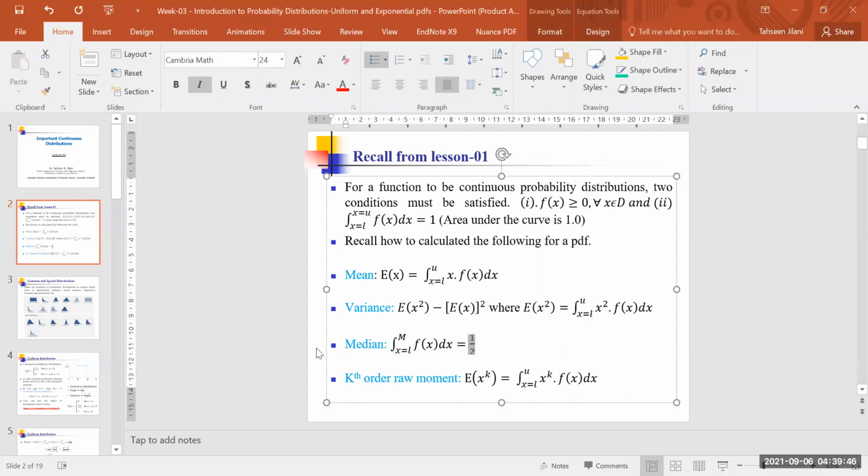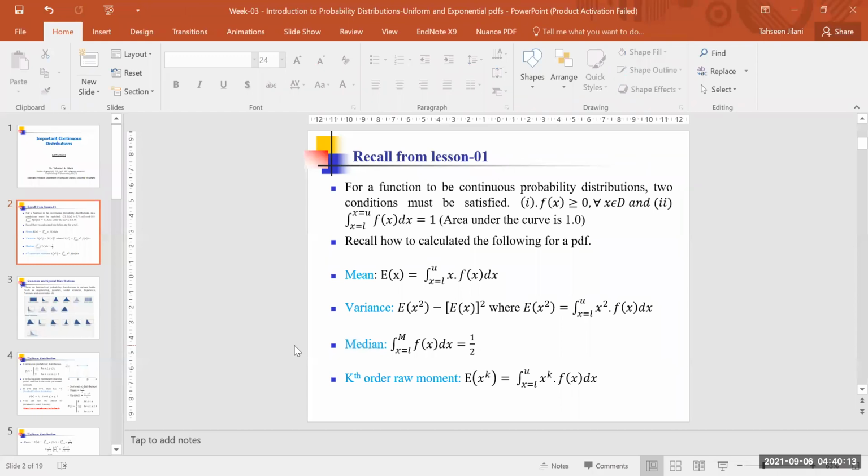Because the median is the middle observation. That means half of the region will be on the left hand side of that median point, and half of the region will be on the right hand side. In other words, half of the area will be below that 50% point, and half the observations will be above that point. That's why this is the median value.